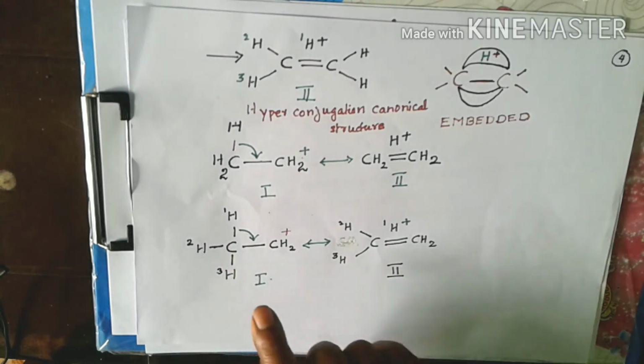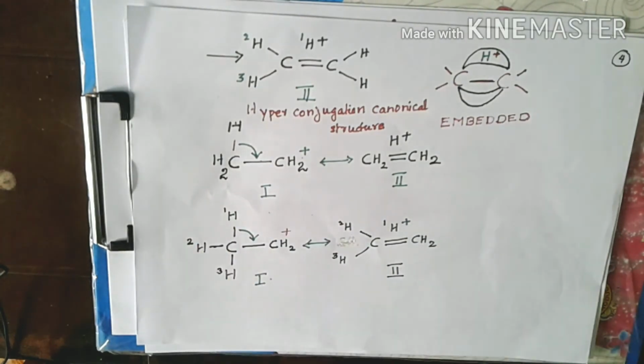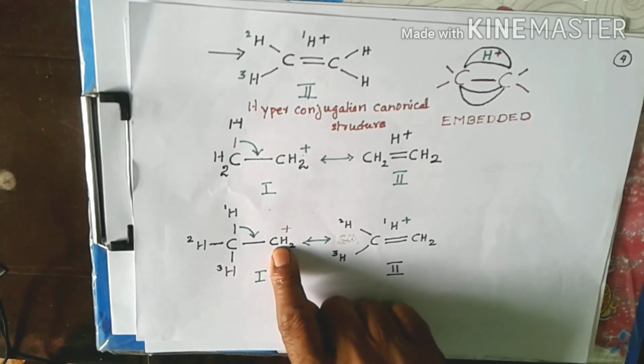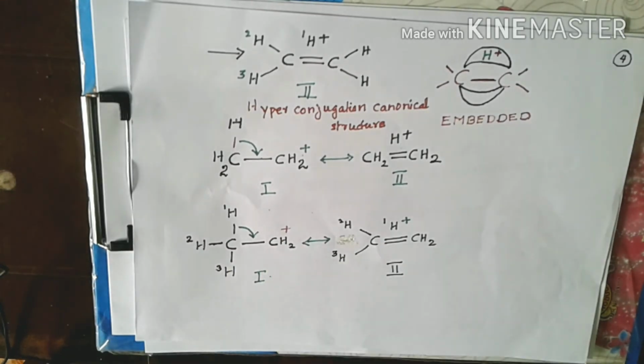So we say there are 3 hyperconjugation canonical structures.